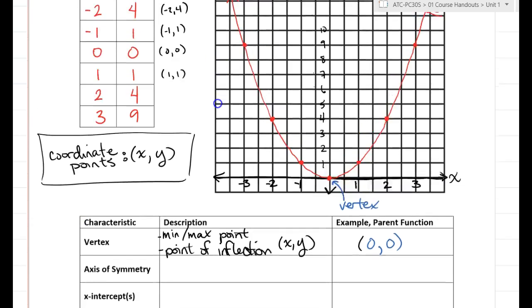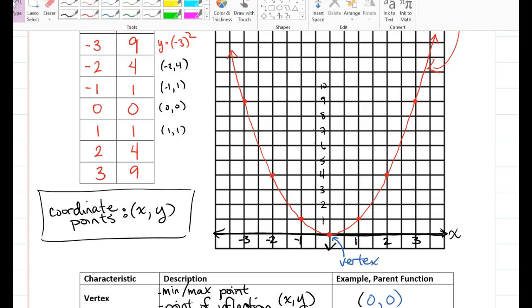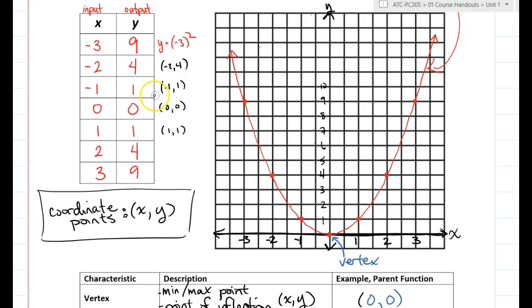The axis of symmetry is exactly where, if you remember the word symmetry and what it means, we can put a mirror and our graph would look the same on both sides. So I'm going to sketch my axis of symmetry in.